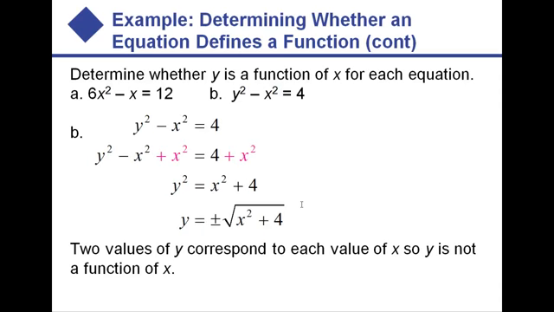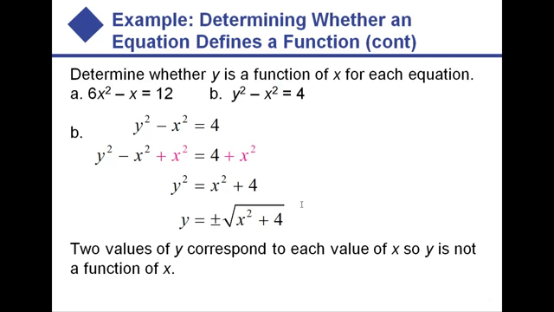In this case, the second one, again trying to isolate y, we move the x squared to the other side. The 4 is already over there. And then we're left with y squared equals some stuff. So we need to take a square root of both sides.